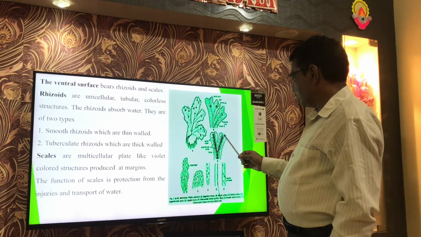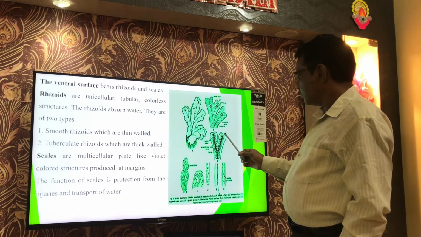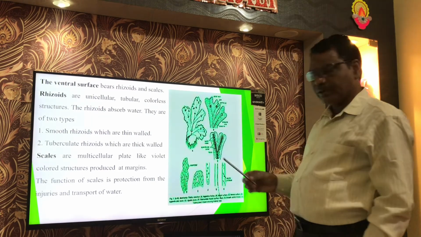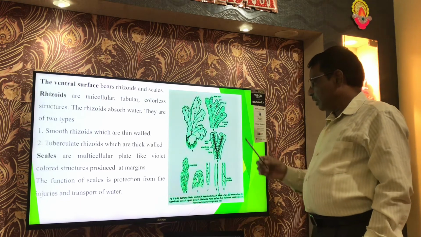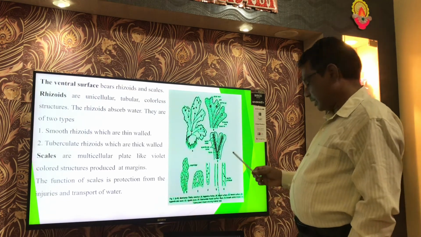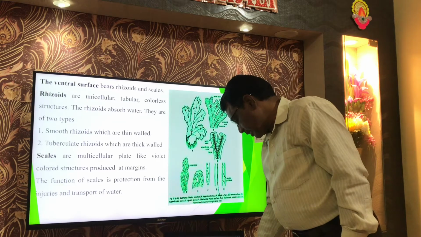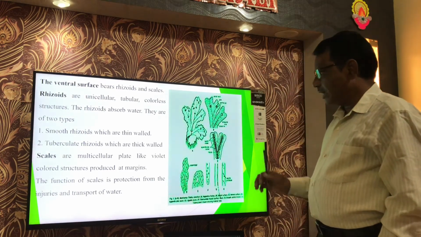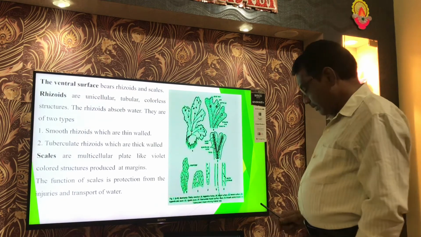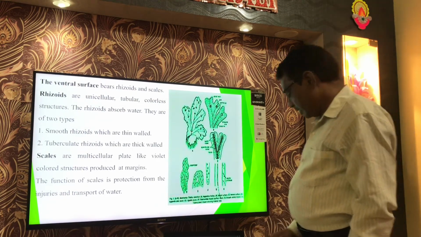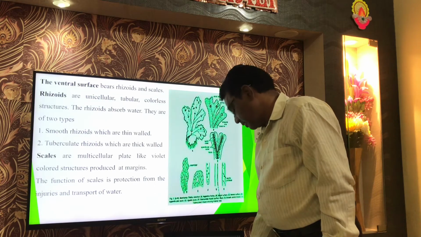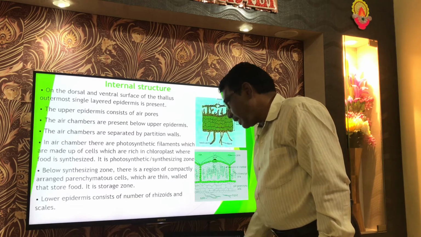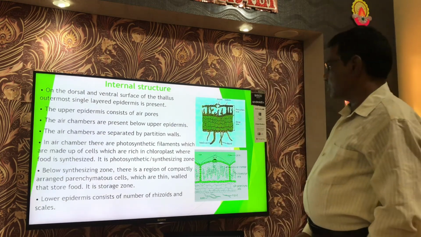Thus, first is protection of the thallus from mechanical and other injuries, or protection of the apical growing tip, and second is the transport or conduction of water. So this is about the external morphology of the gametophytic thallus, which is dorsiventrally flattened and repeatedly dichotomously branched, forming a rosette structure.